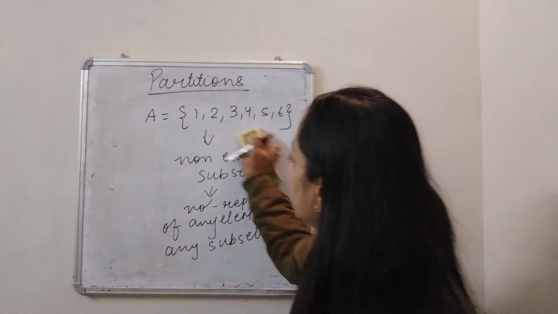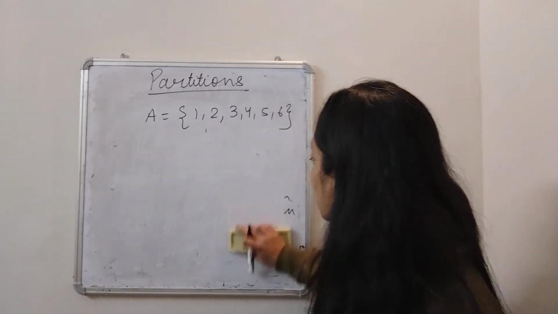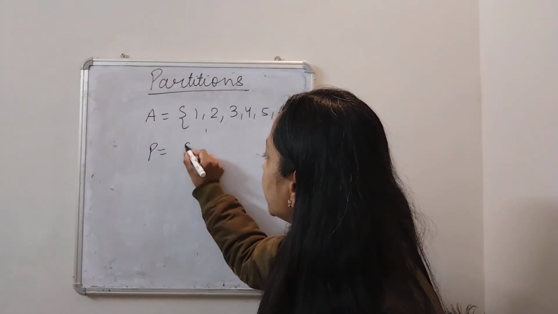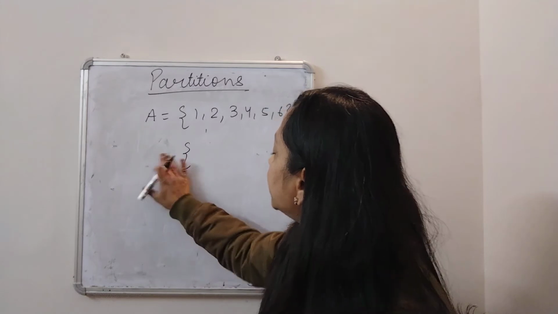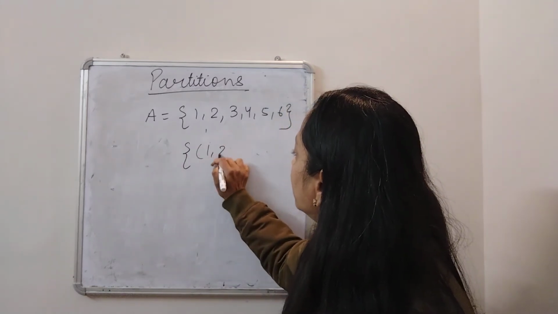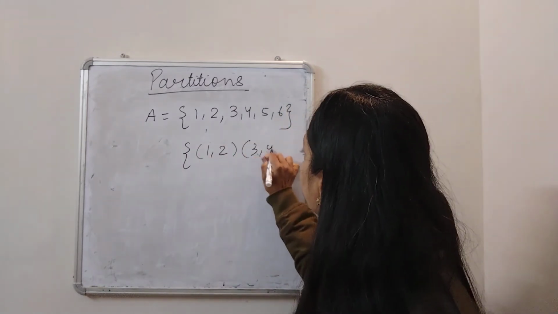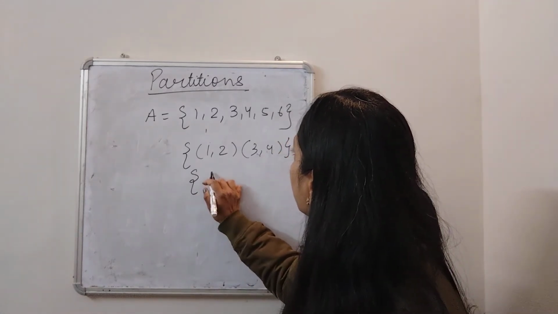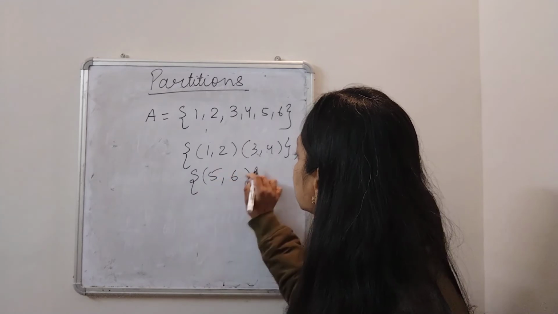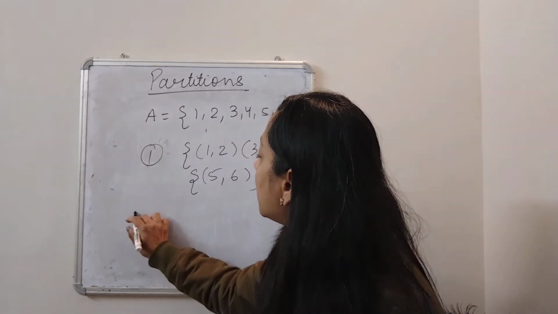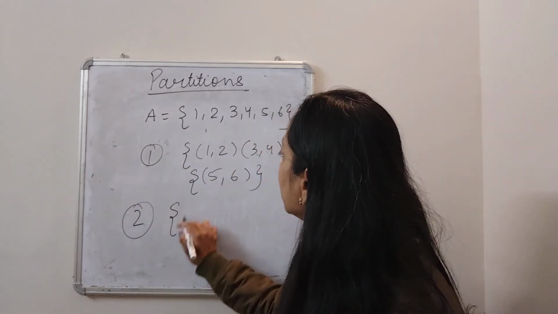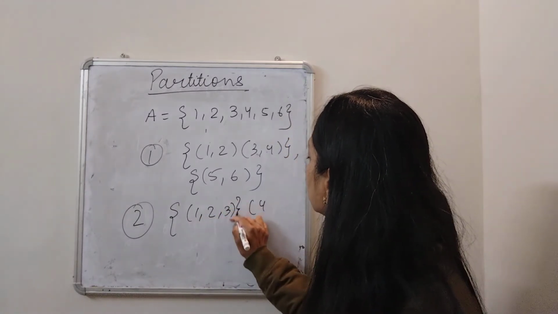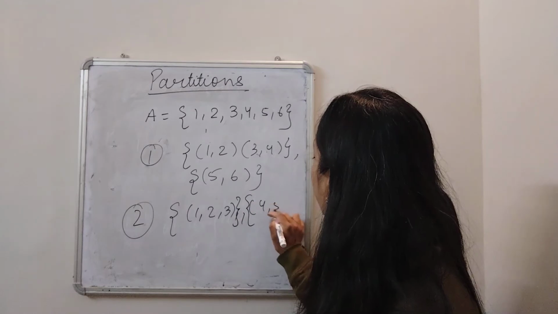Now let us look at the example. As per the example, we can have a partition. For example, one partition can be 1, 2, 3, 4, then 5, 6. Another partition can be 1, 2, 3, then 4, 5, 6.